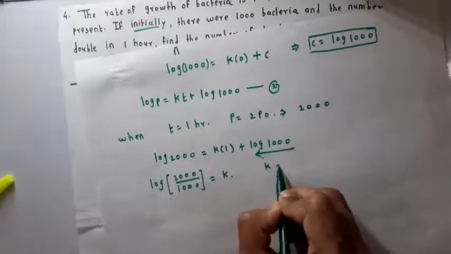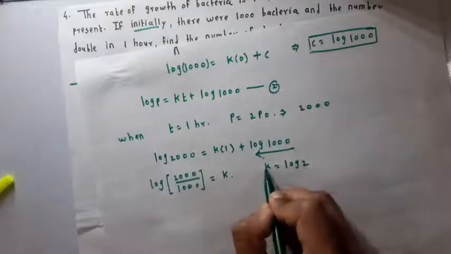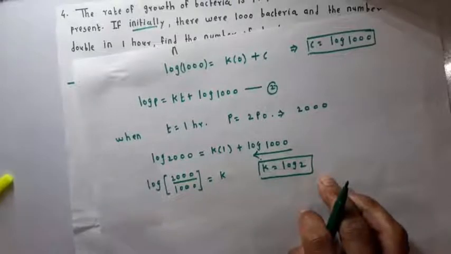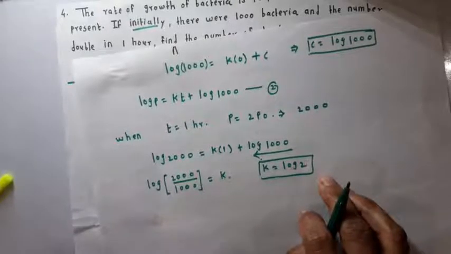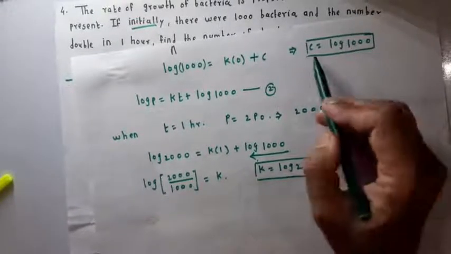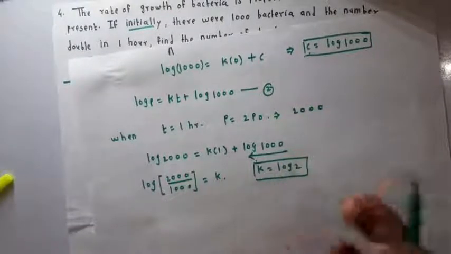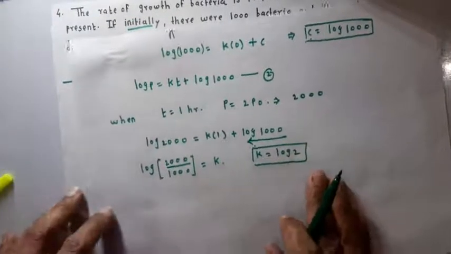Hence the value of k is log of 2. So step by step we have found the basic equation, then the value of c, and now we have the value of k. Put all these values in equation 1.